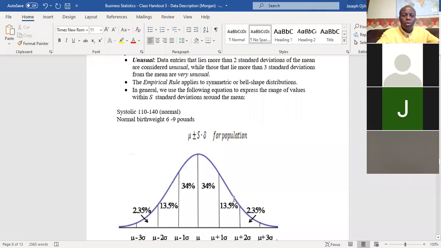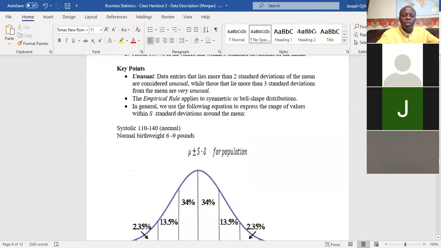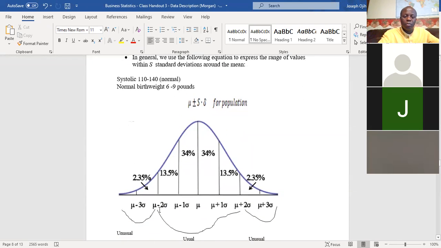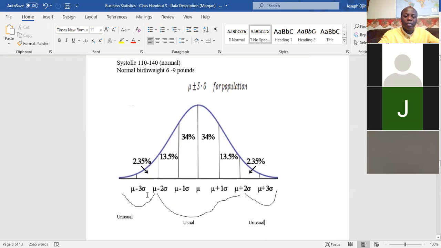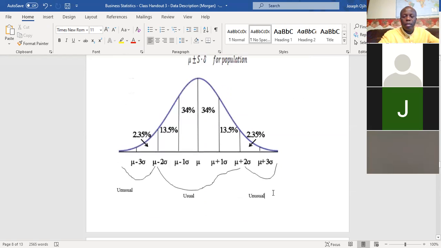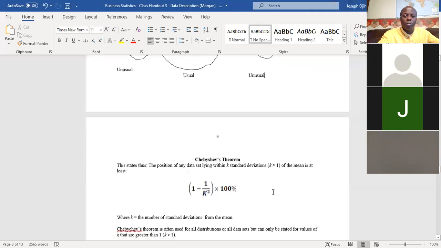No. So remember that the empirical rule is used only for distributions that are normal, symmetric or bell-shaped, and that the part from mean minus 2 standard deviations to mean plus 2 standard deviations is considered the usual, and anything beyond that, like mean minus 3 or mean plus 3 standard deviations, is unusual. So that we can answer some questions on that.